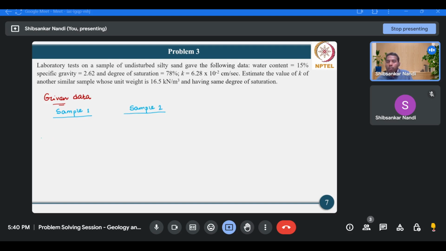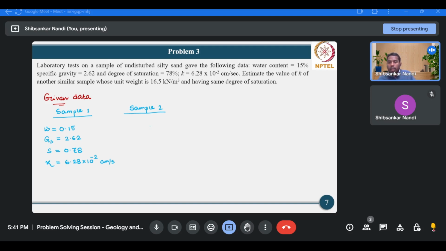Now for sample 1, water content is given as 0.15. The specific gravity of soil solids is given as 2.62. The degree of saturation is given as 0.78. The K value is given as 6.28 into 10 to the power minus 2 centimeter per second. So these are the data given for sample 1.